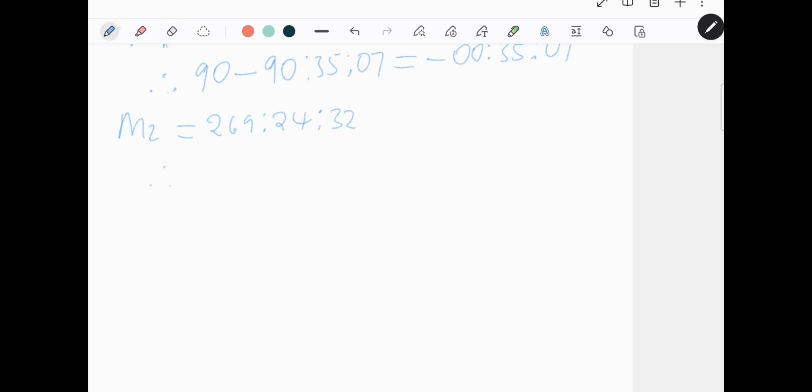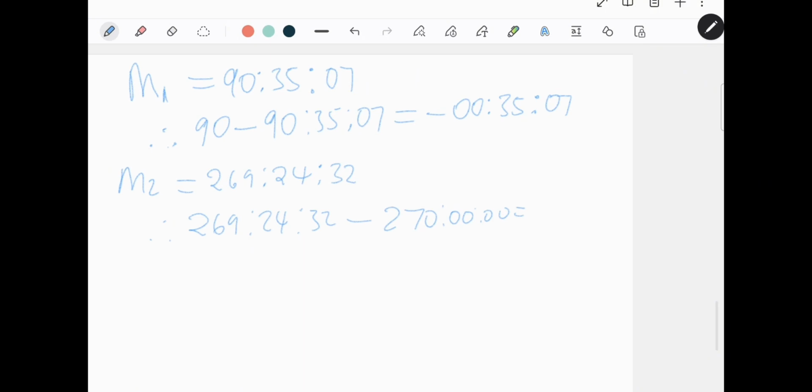So theta is this angle, 269, 24, 32, minus that 270 there, which gives us an angle close to that one.